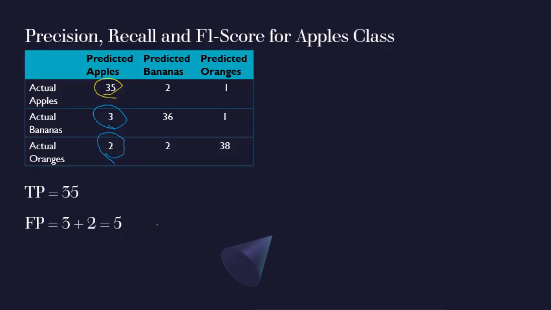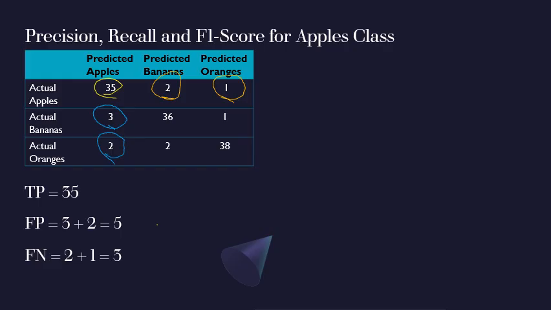For our false negatives, we have 2 apples that were misclassified as bananas. So as you can see here, we have actual apples that are predicted to be bananas and 1 apple that is predicted to be an orange. So we have here our FN values.